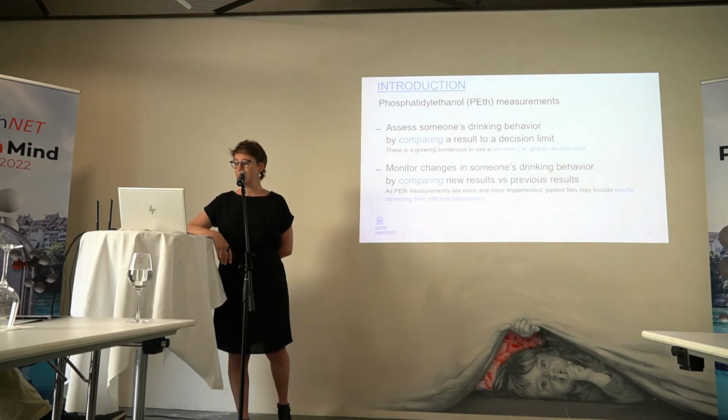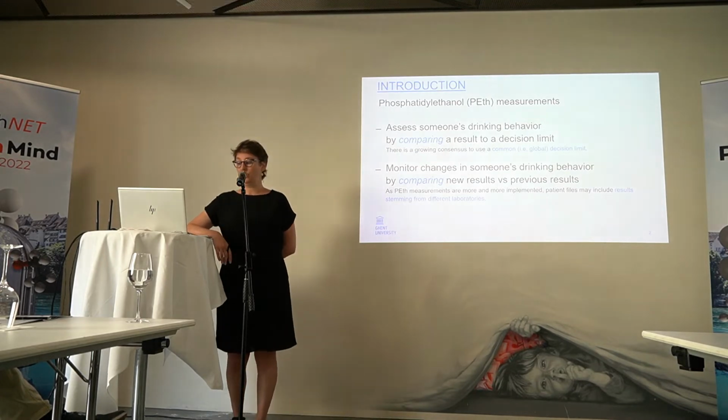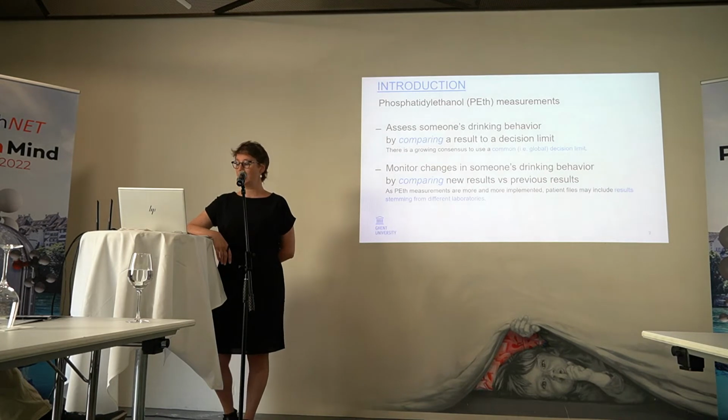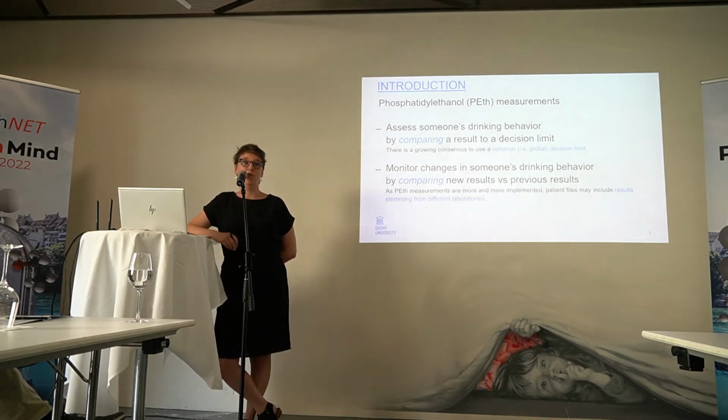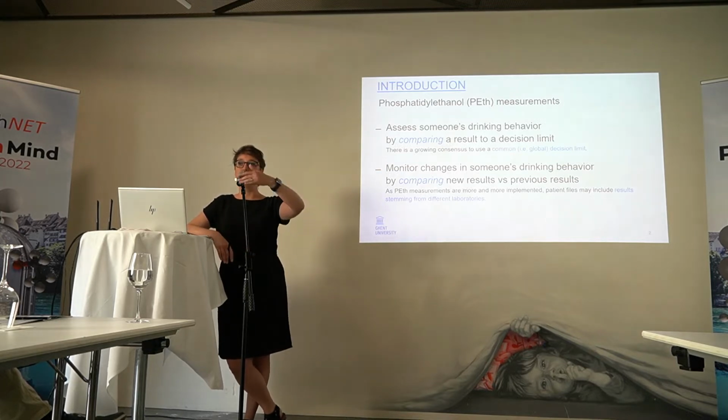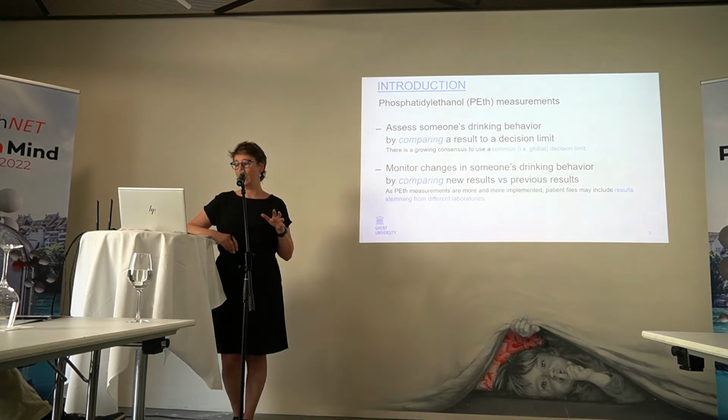On the other hand, we monitor changes in someone's drinking behavior by comparing new results versus previous results. And as the world becomes smaller and we are all very mobile, we sometimes hop from lab to lab, so a patient file can start to have input from different laboratories for the same analyte.